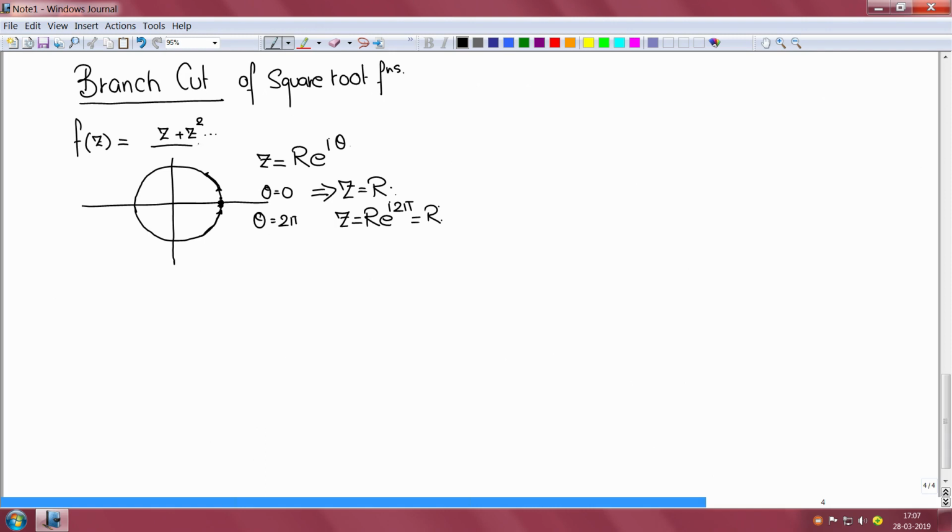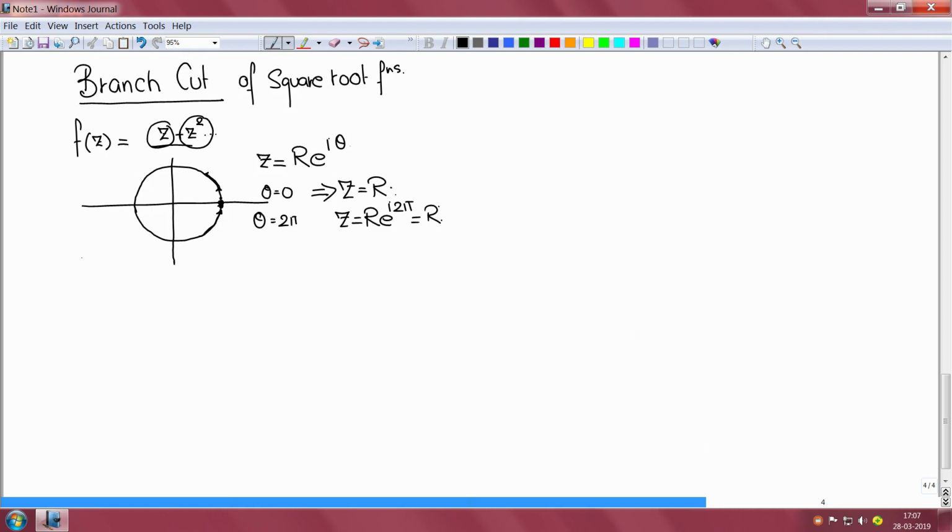Now if this function has all z's and z squares and so forth, then all of these functions also will acquire the same value at this physical point. Once the function goes around the circular contour and comes back down here, the function also acquires the same value.